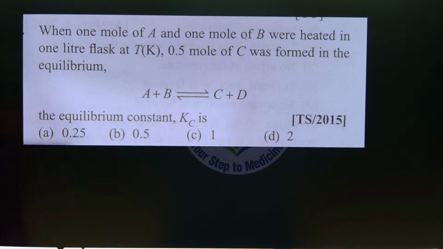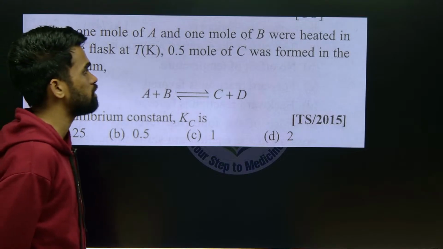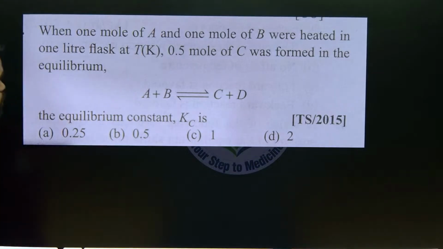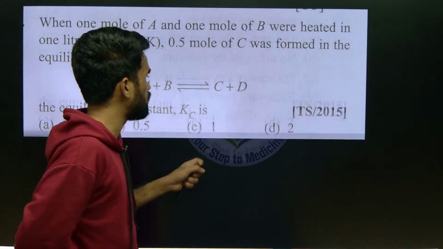When 1 mole of reactant A and 1 mole of B were heated in 1 liter flask, 0.5 moles of C was formed at equilibrium. What will be the equilibrium constant Kc for the given reaction?